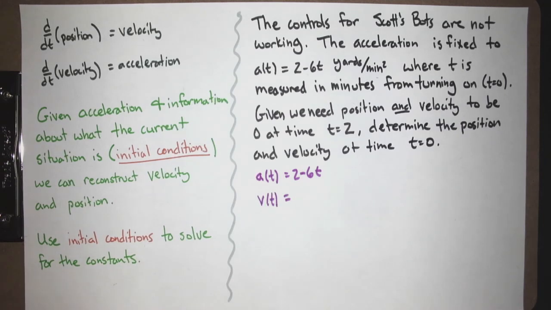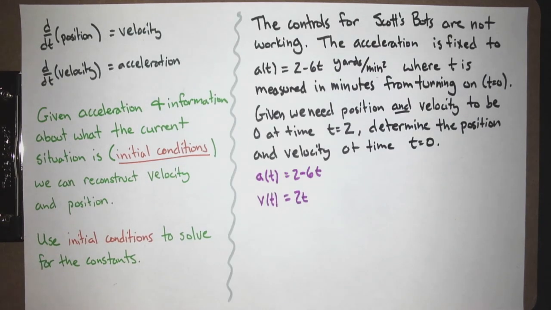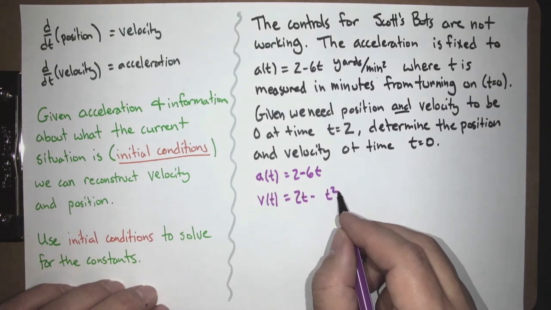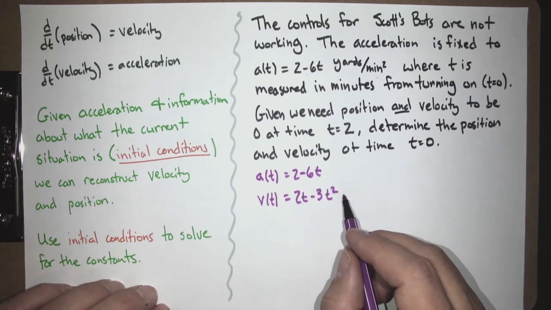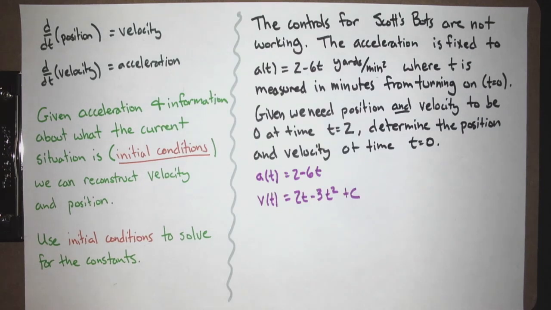So what's the antiderivative of 2? 2, what's our variable? T. So it'll be 2t. Antiderivative of 6t. It'll be probably a t squared. What's the coefficient? 3. Good. Anything else? Plus c.